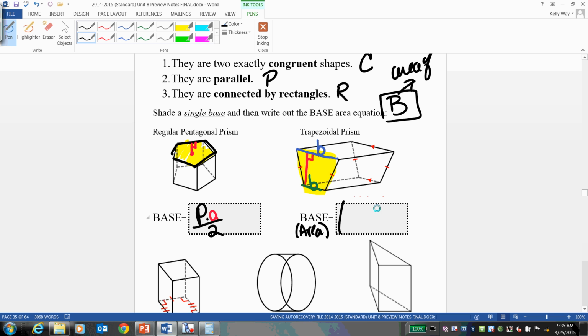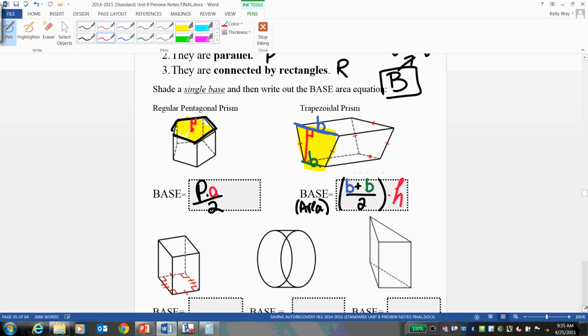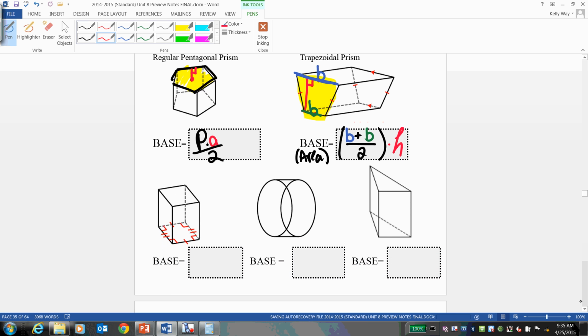So for a trapezoid base, it's base segment averaged with the other base segment over 2 times the height. If our base area is a square or a rectangle, if it's a square, of course, it's side squared. If this was rectangular, you would write length times width.